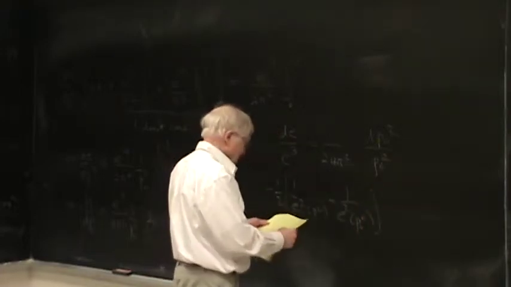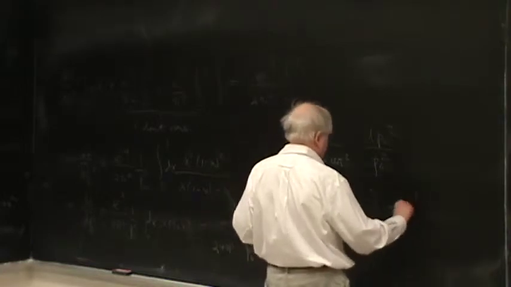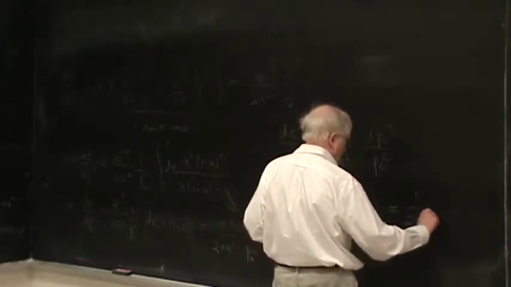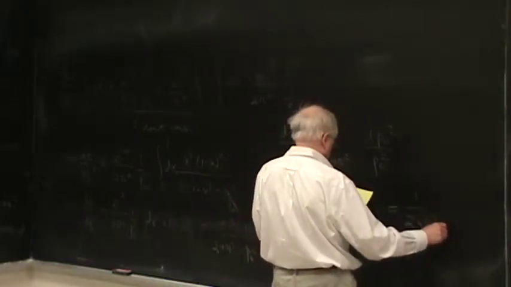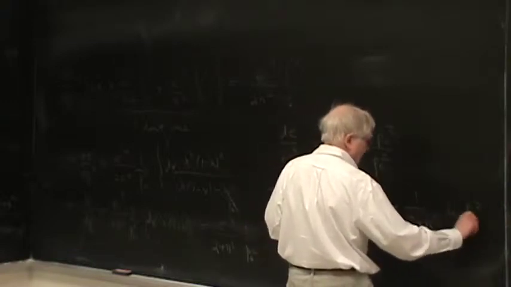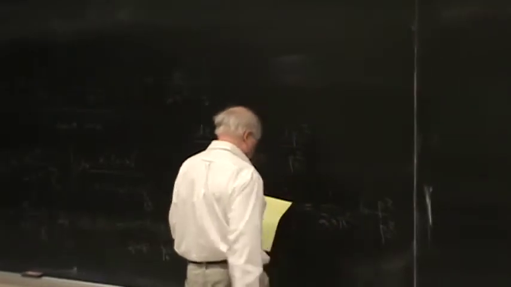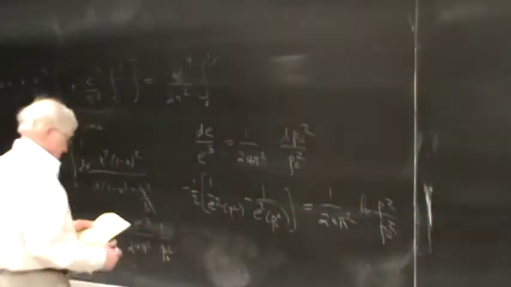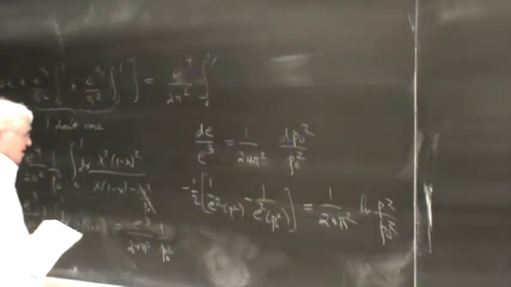That's the left-hand side. And the right-hand side is 1 over 24 pi squared, and we get back the log, log p squared over p0 squared. So that's our expression.